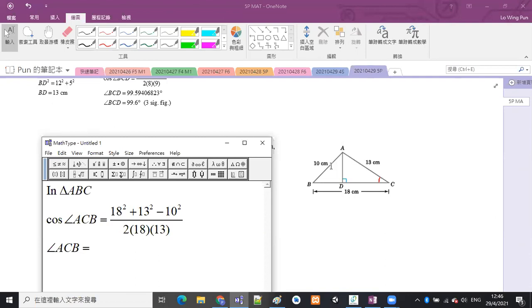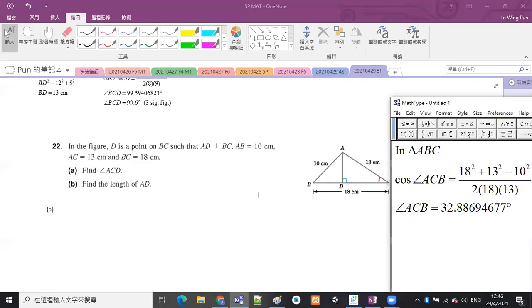18 square plus 13 square minus 10 square, enter. Divided by bracket 2 times 18 times 13. Enter. And then shift cosine, the answer should be 32.88694677 degrees. And ACB is angle ACD, right?